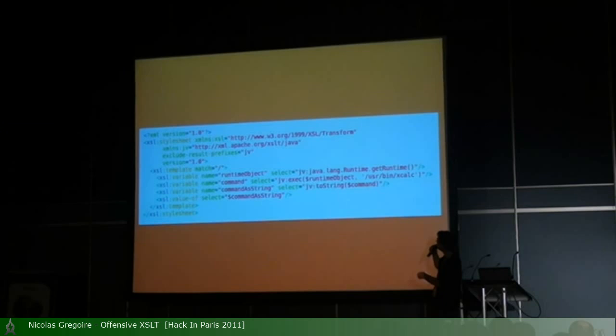So that's a basic Xalan command execution. You just map a namespace here, and then you call getRuntime and your command, and you get command execution. If this is a feature, there are probably some cases where it's exploitable remotely, for example. So it could be a nice research.